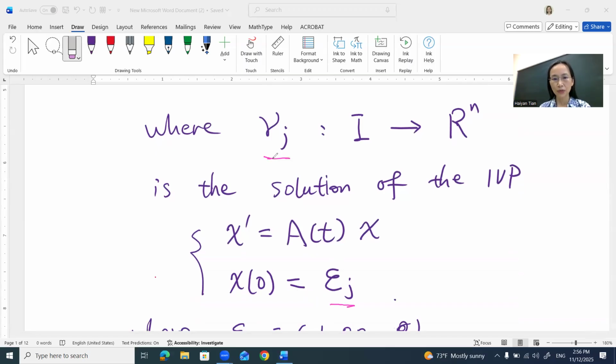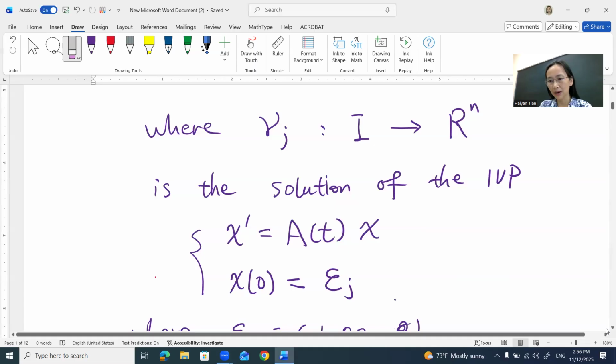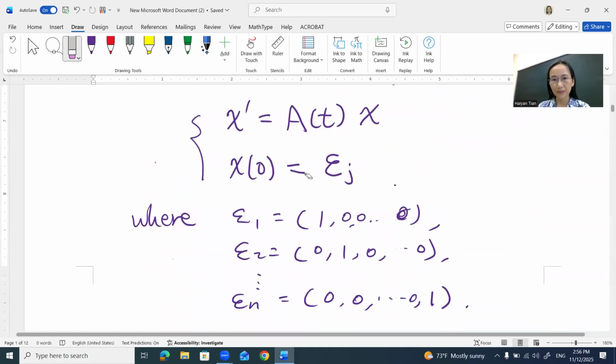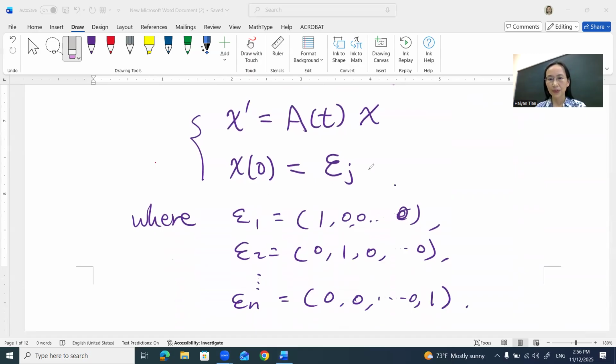You see, gamma 2 will be the solution of the initial value problem subject to initial data epsilon 2. So what are these epsilon? Epsilon 1, epsilon 2, etc. They are unit vectors in Rn.